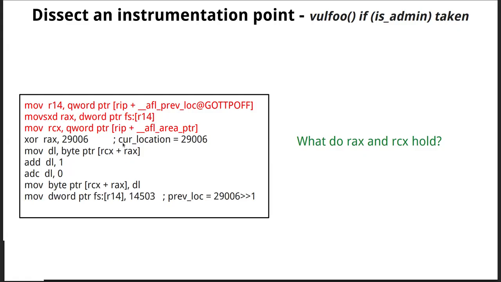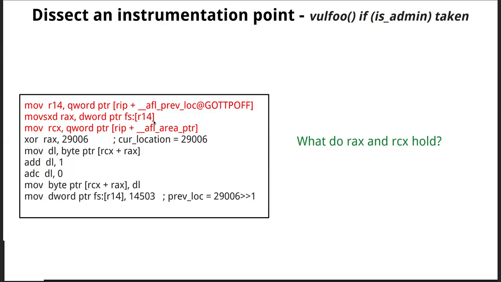So here in R14, we get the address of that previous location's ID. And that ID is actually stored in TLS. That's why we're using FS here. I don't know if you guys remember this register, FS. We saw this before when we did that stack query, right? 64-bit, we use FS. 32-bit, we use another register. GS, exactly, you remember that.